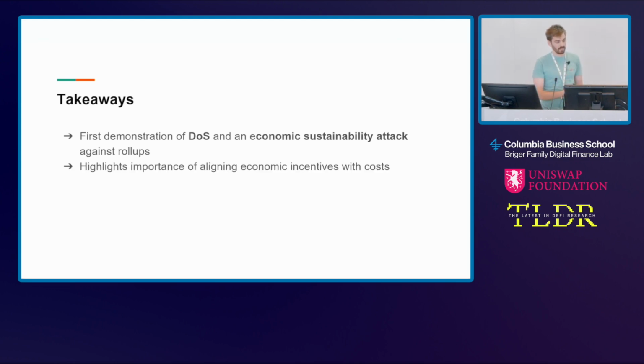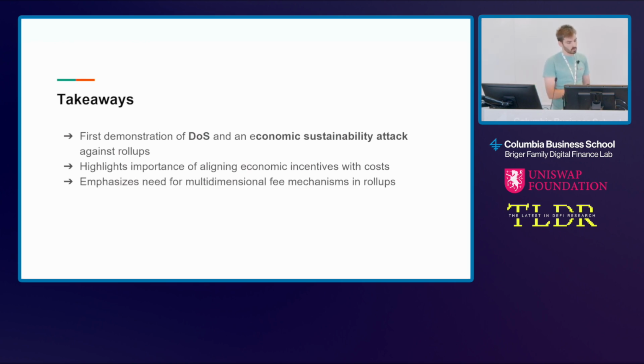We highlight the importance of aligning economic incentives with costs in rollups and not go towards a path where we subsidize transactions to be competitive against other blockchains at the cost of potential attacks. And also we emphasize the need for a multidimensional fee mechanism deployed in practice for rollups and especially for ZK rollups.